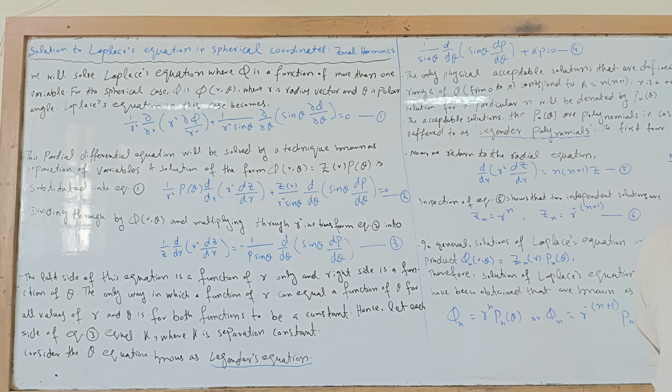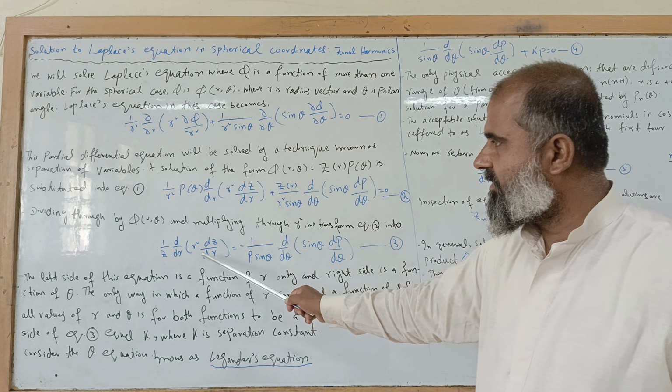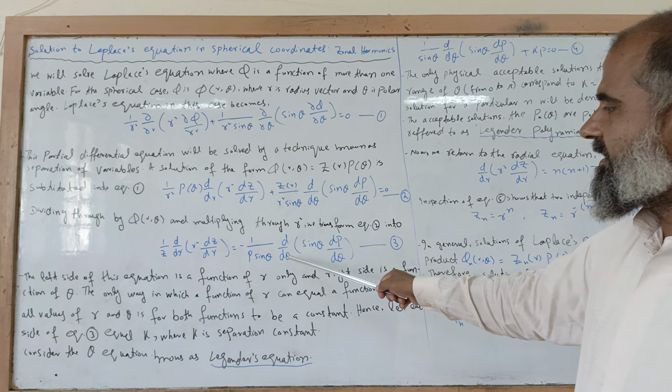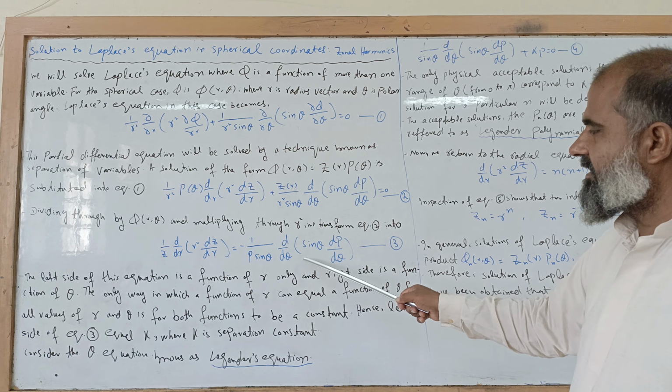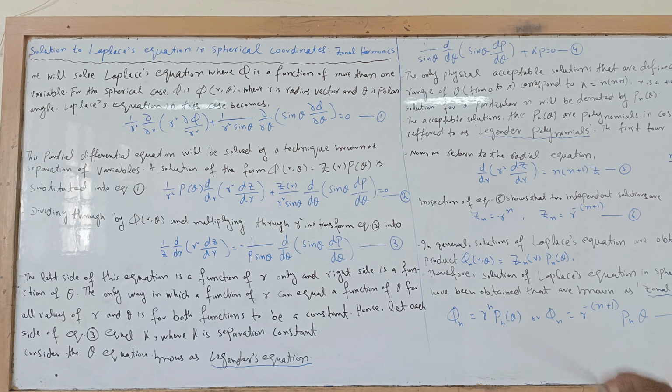So after this simple mathematics, we will get 1 over Z d by dr of r square dZ by dr is equal to minus 1 over P sine of theta d by d theta into sine of theta dP by d theta. This will be our equation number 3. So we have done what?